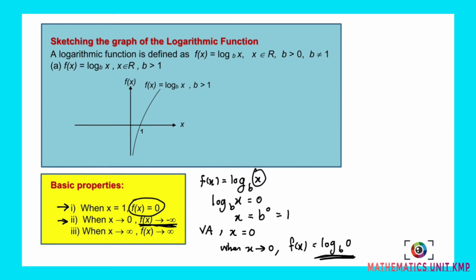Okay, and then the third step is when x approaching positive infinity. Contohnya log b 1 million. Alright, this one kalau you calculate dia akan jadi too big. So f(x) approaching positive infinity. Understand? Only 3 steps.